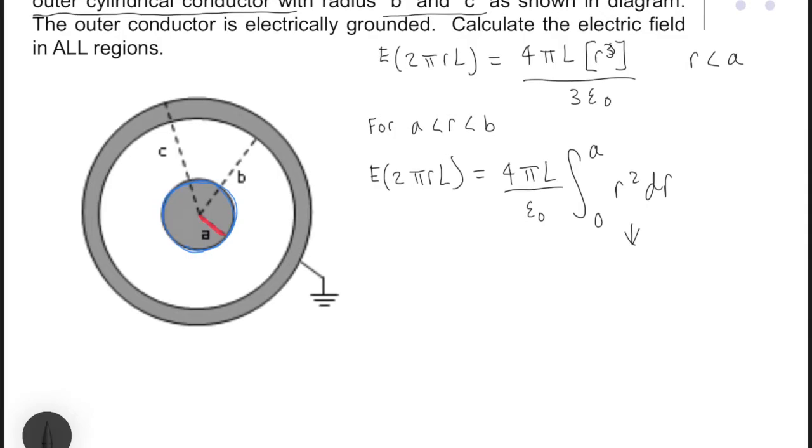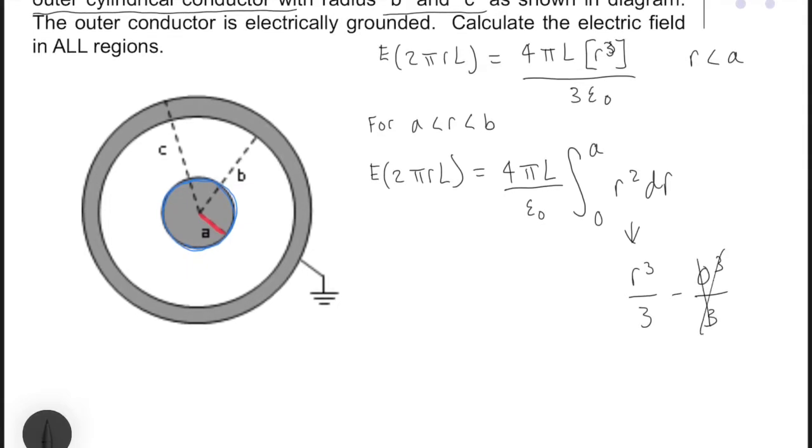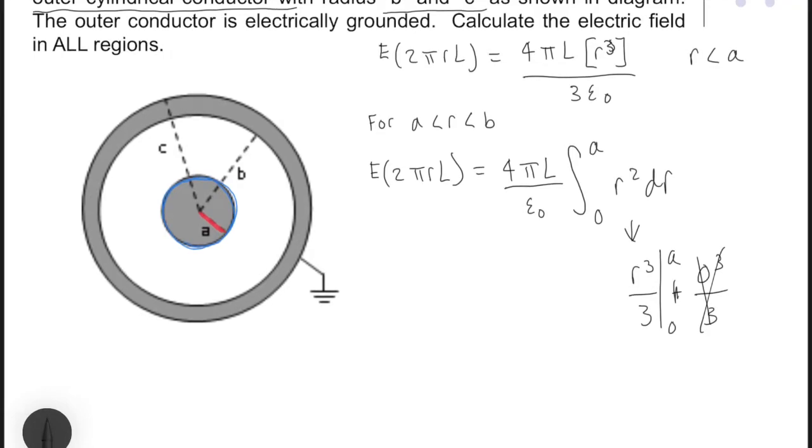So then we get r cubed over 3 minus 0 over 3. This just becomes 0. And then this is from 0 to a, so our r becomes a.